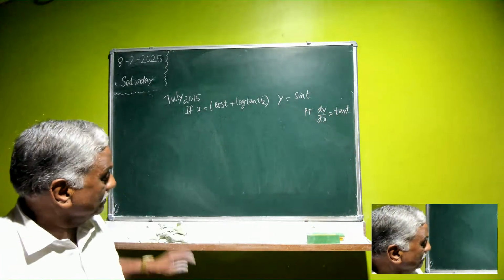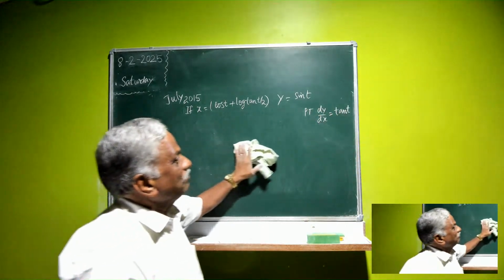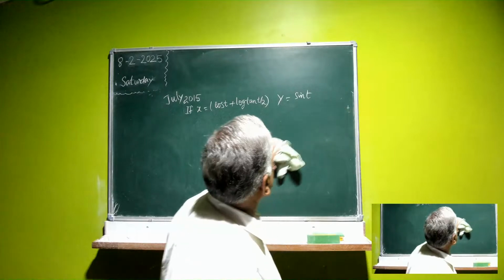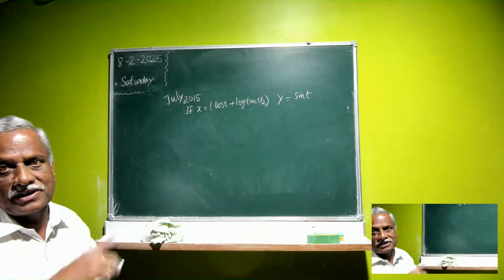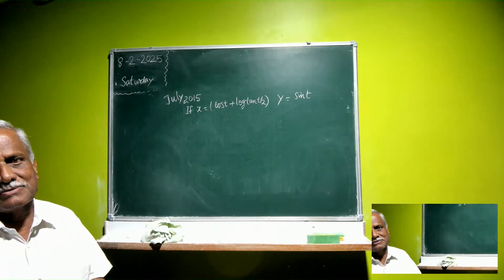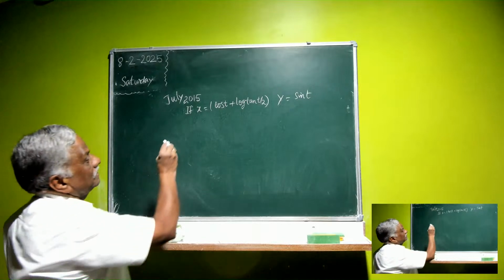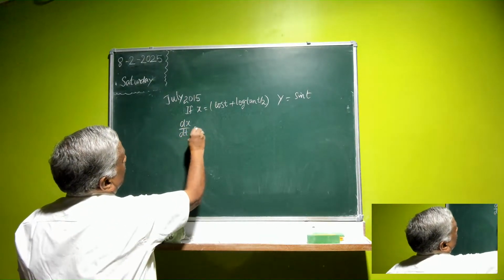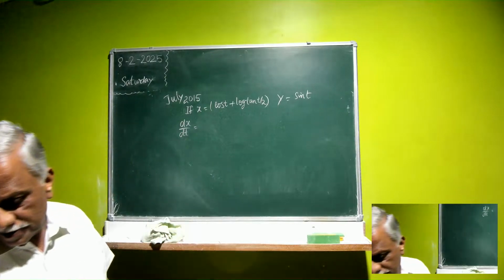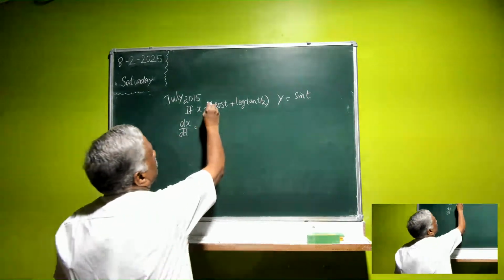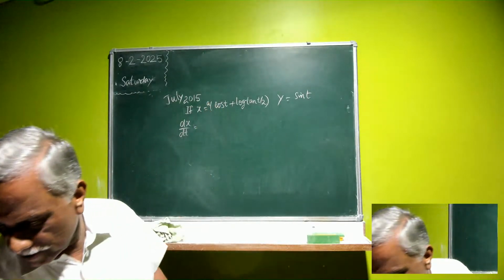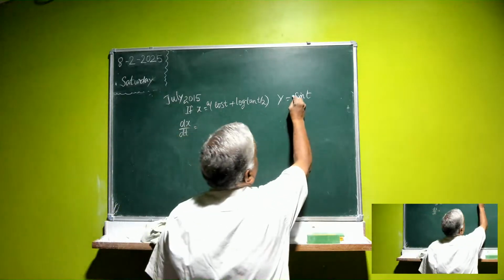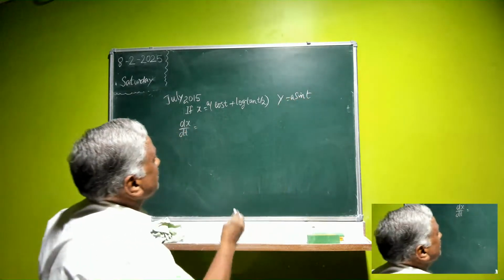That they have not asked. Anyway, I will prove that also and show it, in case some examiners give that, and instead of asking for 3 marks, they may ask for 5 marks. Find dx by dt. There is a into, here also a is there, a is a constant.